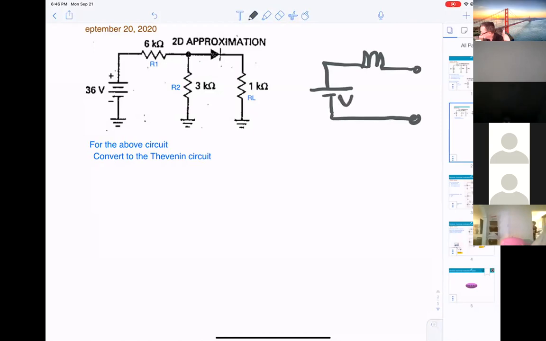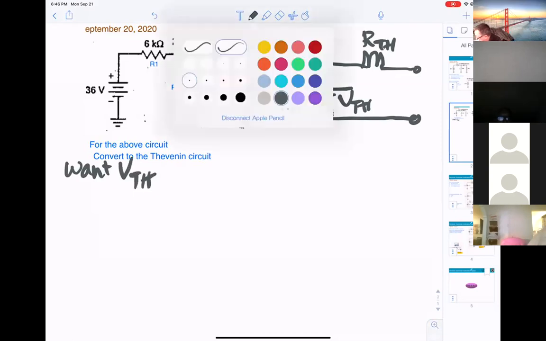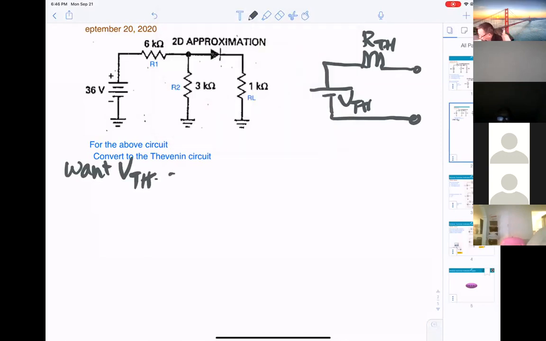So V Thevenin here, and R Thevenin here. Okay? Now we want to calculate V Thevenin. If you want V Thevenin, what you need to do?